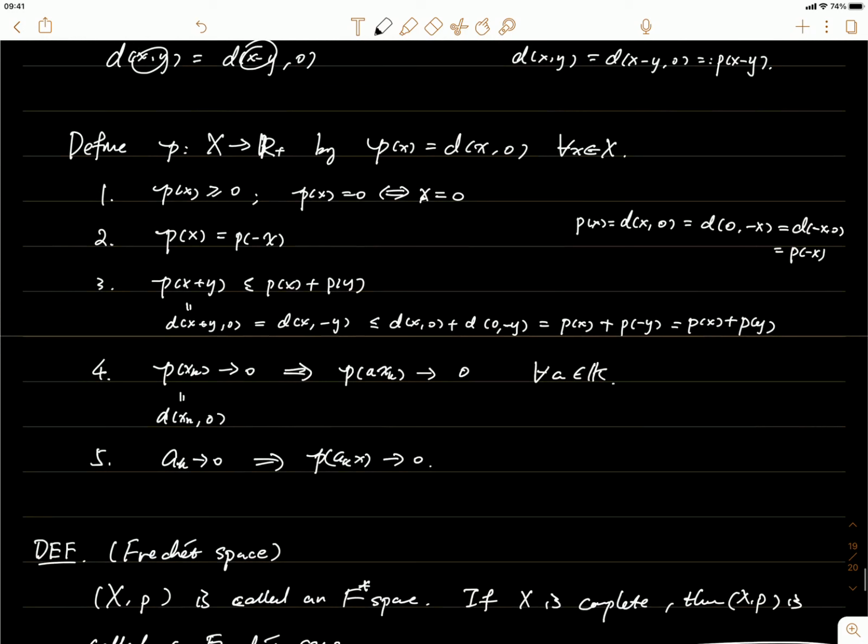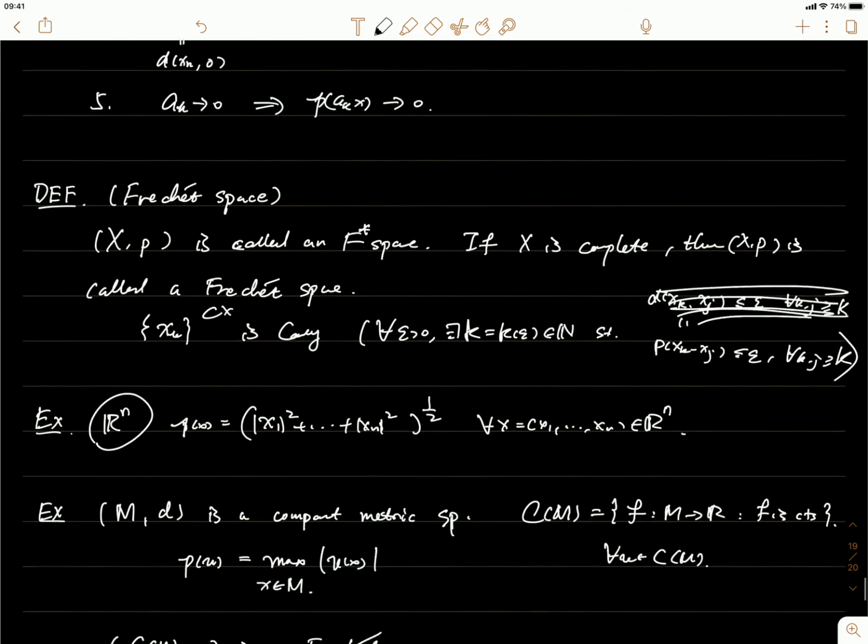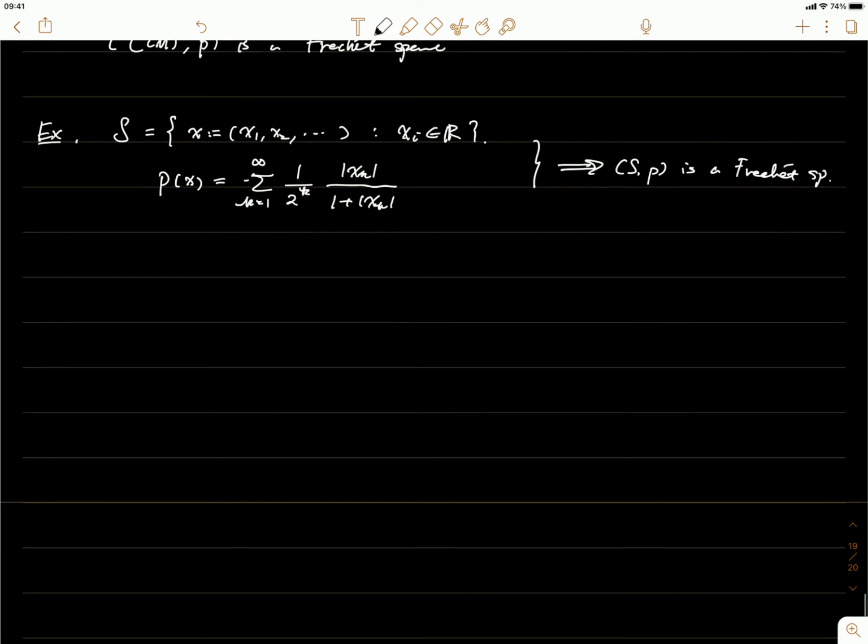And finally, we need to show that S is complete under the P. So we need to show this one by one. First, S is a linear space, and we have shown this. This is pretty easy to show. You can check it yourself.